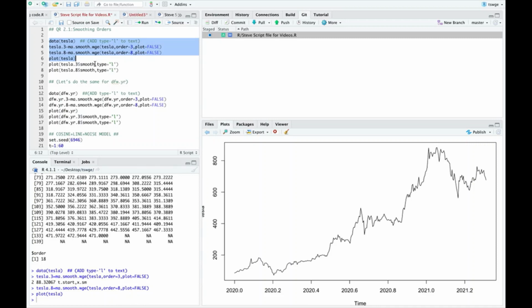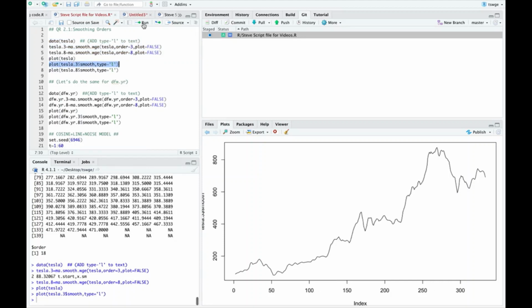And we have, first of all, just plotted Tesla. That's not the smooth data. Let's now see what the plot would look like of the smooth. So there's a picture of the actual. The smooth data set, what do we expect? Well, based on what we said earlier, we expect it to remove some of that fluctuation. And look at this picture. You can see that, yes, it did. Really, it's the same look.